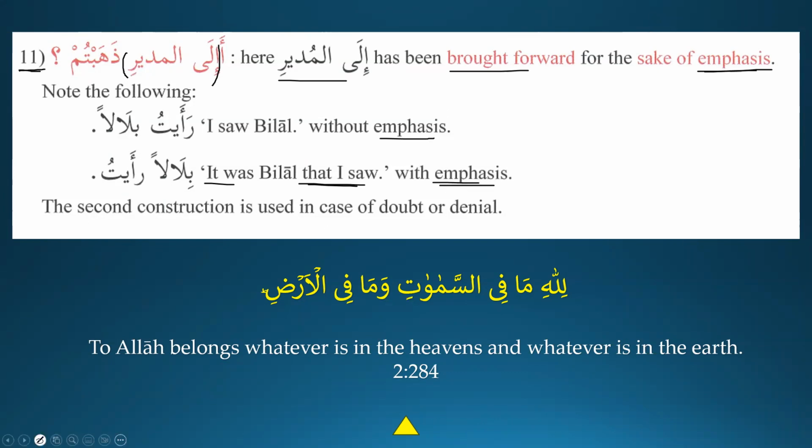And the same expression, if you see in the Quran, we have Lillahi ma fis samawati wa ma fil ard. To Allah belongs whatever is in the heavens and whatever is in the earth. Meaning, whatever is in the heavens and the earth belongs only to Allah subhanahu wa ta'ala without any shadow of doubt.